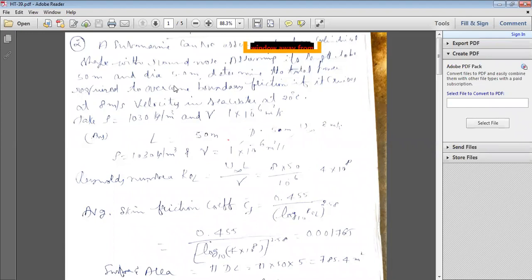assuming its length to be 50 meters. What is the length of the submarine? The length of the cylinder is 50 meters, and the diameter is 5.0, that is 5 meters.